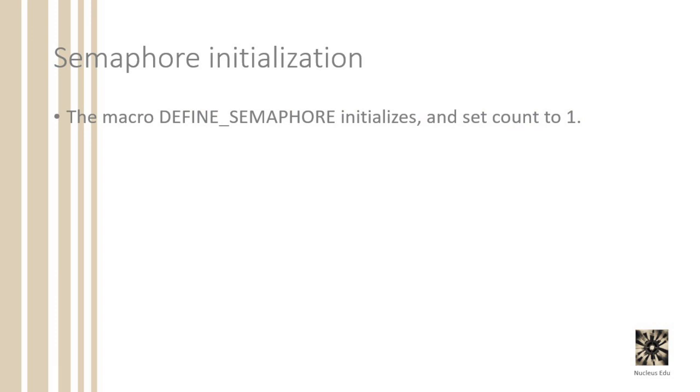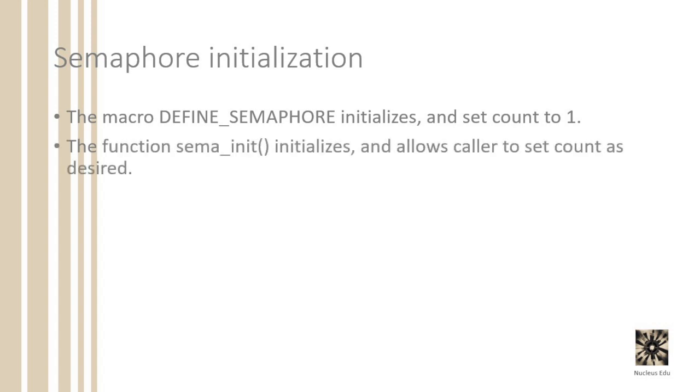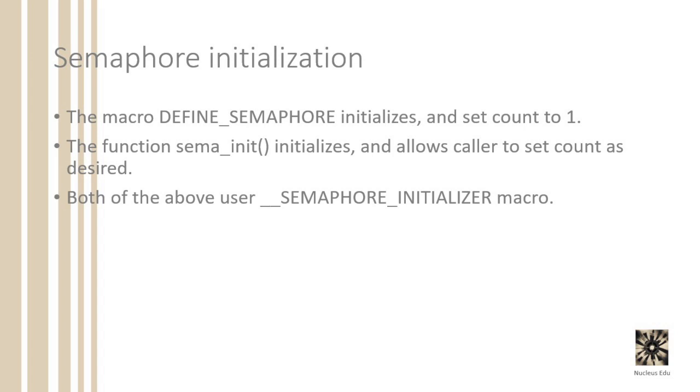So let's look into how to initialize a semaphore. One of the options to initialize is this macro called DEFINE_SEMAPHORE, which by default sets the count to 1. An alternate to this is the function sema_init, which initializes and allows the caller to set count as desired. Both of the above, the macro and the function, end up calling this macro called __SEMAPHORE_INITIALIZER.